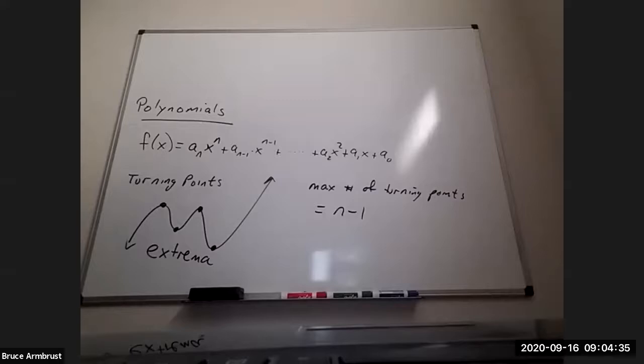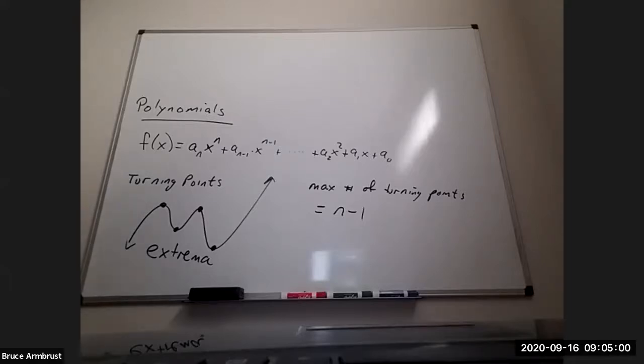So at most, you can have one under your degree. Think about a quadratic. A quadratic is degree 2, so 2 minus 1 gives us 1. That tells us there's at most one turning point for a quadratic.